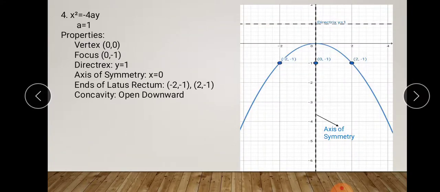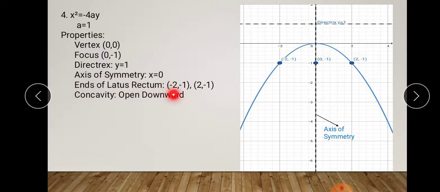Example number 4. x squared equals negative 4ay and a is equal to 1. Properties. Vertex at the point 0, 0 or at the origin. Focus at the point 0, negative 1. Directrix y equals 1. Axis of symmetry x equals 0.